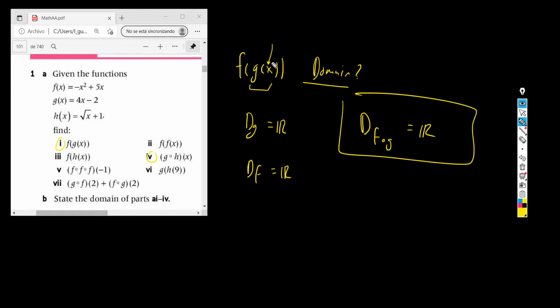Because neither the inside function nor the outside function have any problem with any particular number that can cause divisions by zero or negative roots or something like that. But in here, you're gonna find something quite peculiar. That's why I highlighted this one.